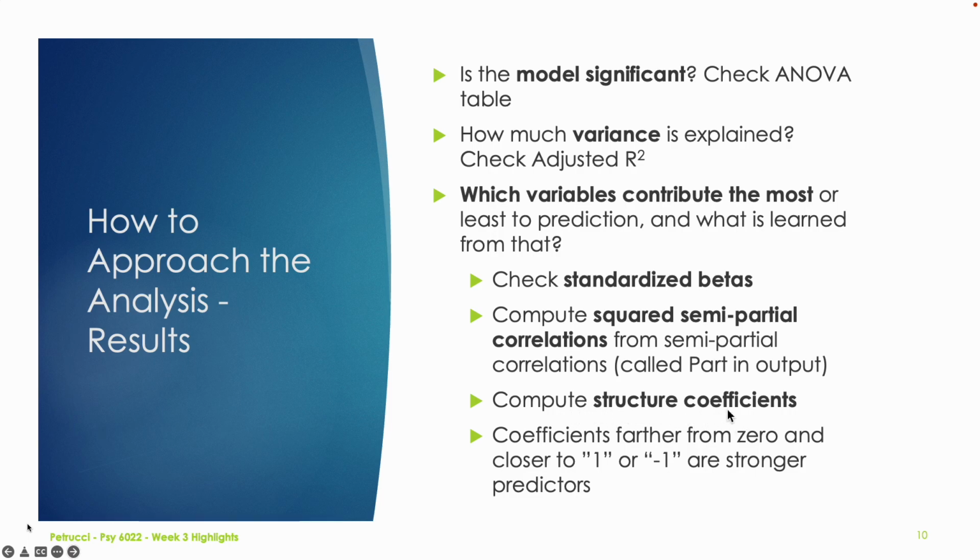We also compute our structure coefficients, which tells us how highly correlated each variable is to the predicted dependent variable. Higher is better. And again, for each of these, the higher the coefficient is, the closer it is to 1 or -1, the stronger the prediction of each of the variables.